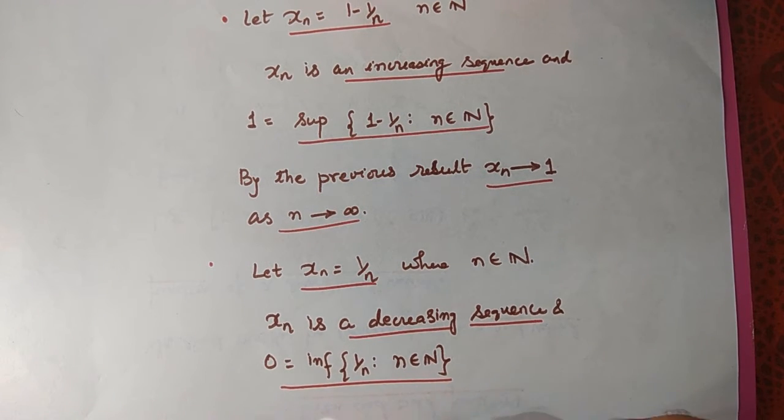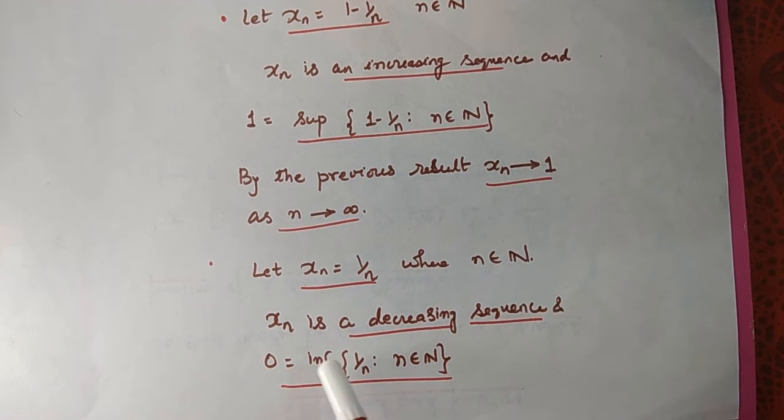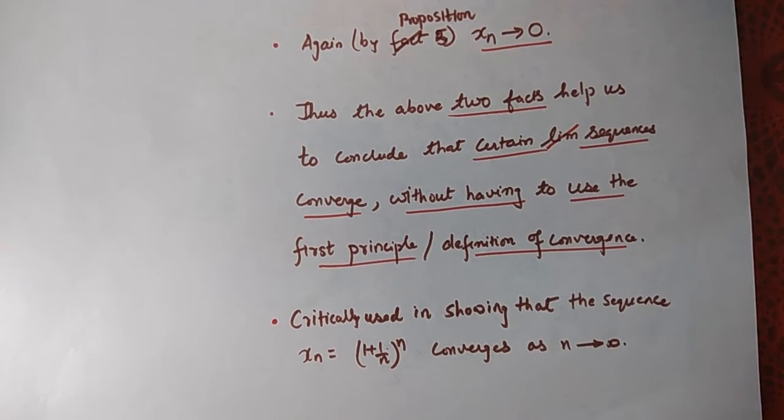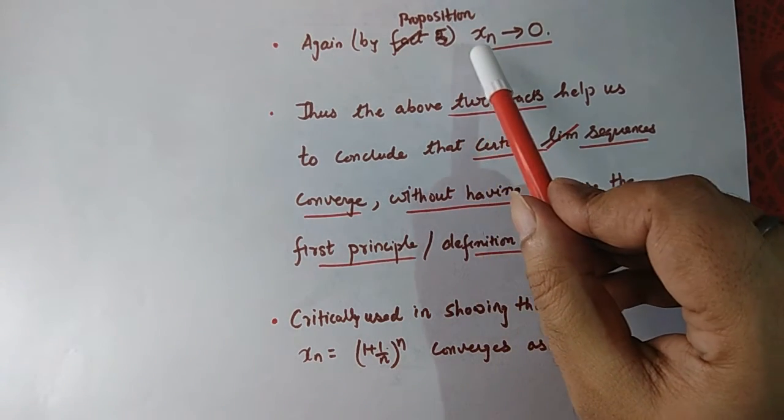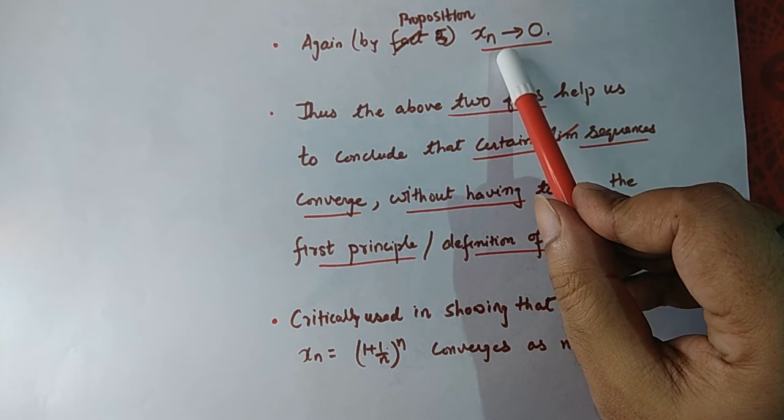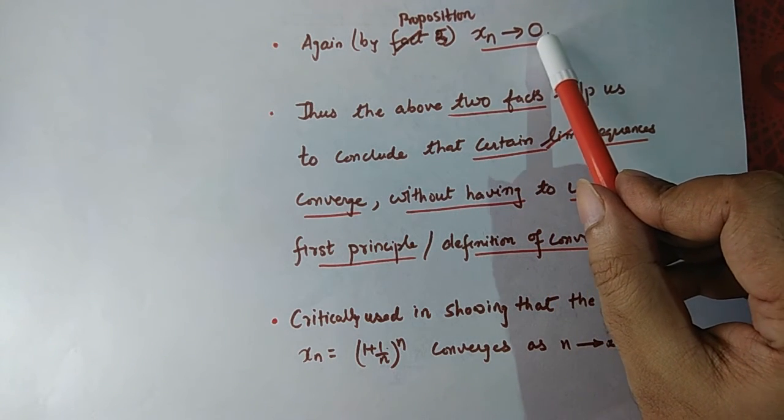Similarly, let us consider the sequence xn equal to 1 by n for all n belonging to the set of natural numbers. This also we have seen: xn is a decreasing sequence and its infimum is equal to 0. So again, by proposition 5, we can conclude that the sequence 1 by n converges to 0.